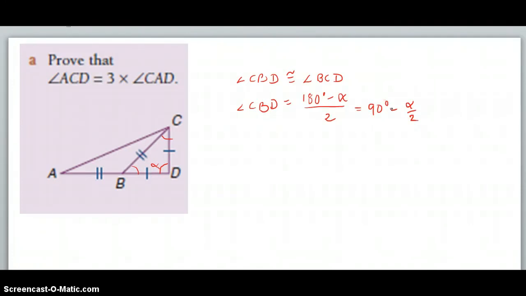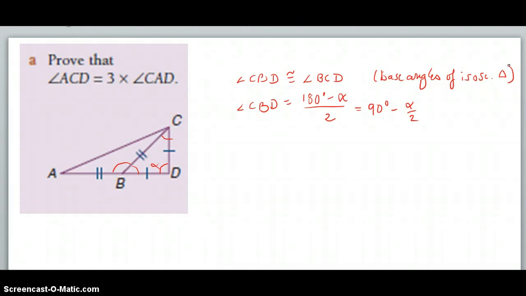That's the size of the angle here. I can now calculate the angle over here through the rules for angles on a straight line, and I can add here isosceles base angles of isosceles triangle.